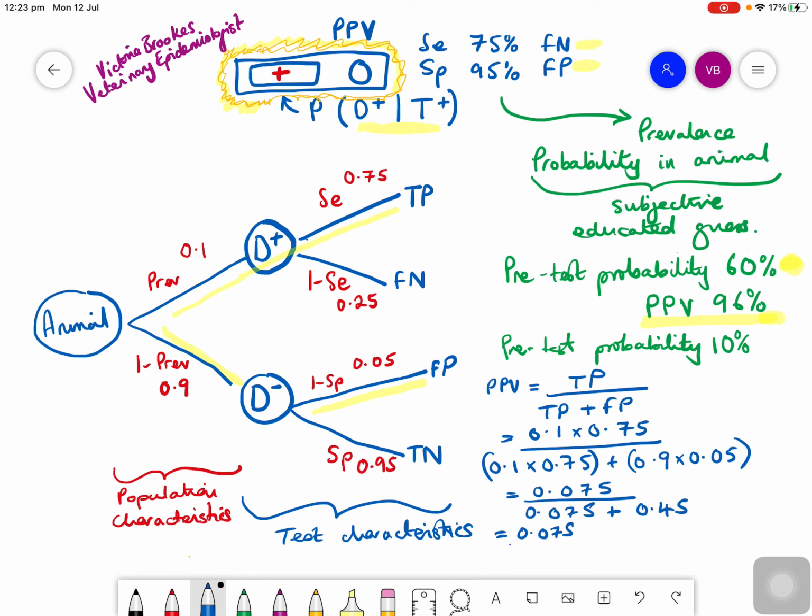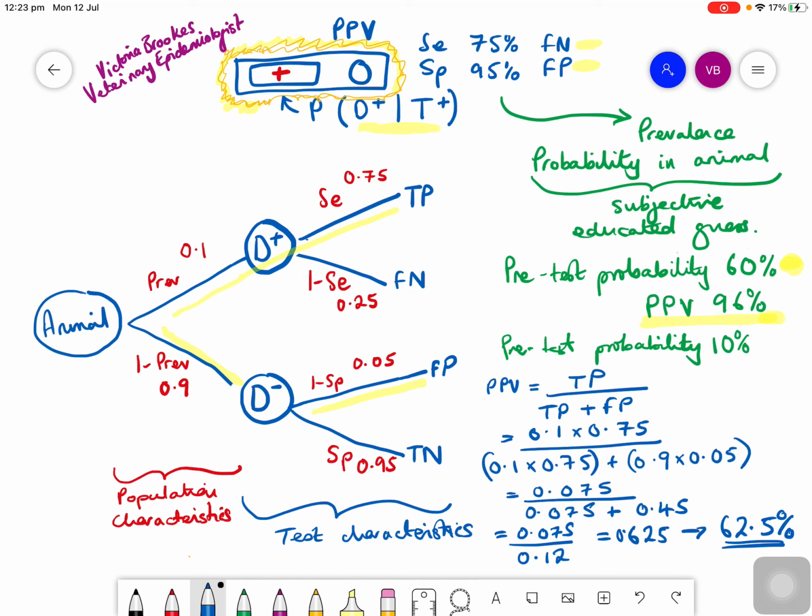So 0.075 divided by, let's add up this bottom row, that's 0.12. 0.075 divided by 0.12 equals 0.625.